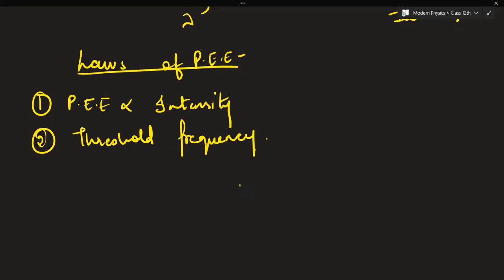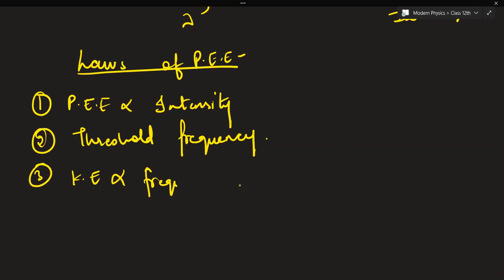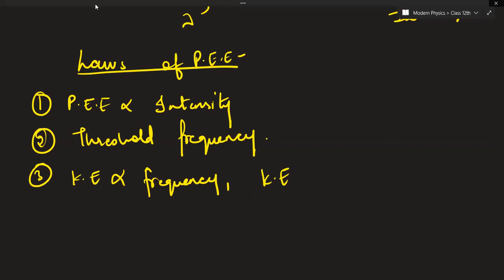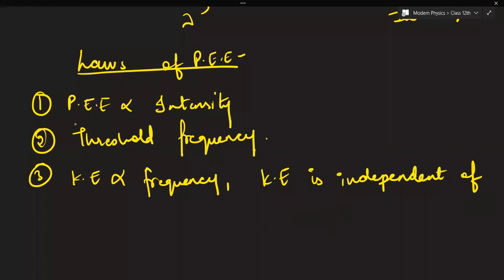Fine. And one more thing, the graph that I have shown, that kinetic energy depends on frequency directly, but it is independent of intensity. Sorry, I'll write it directly: kinetic energy is independent of intensity.